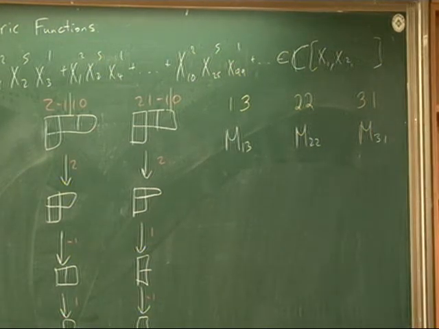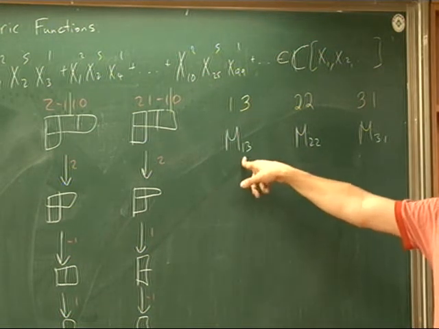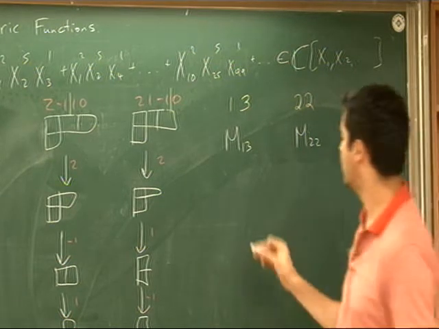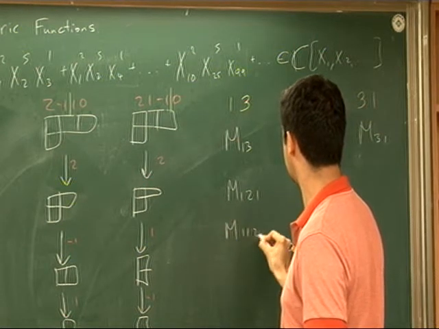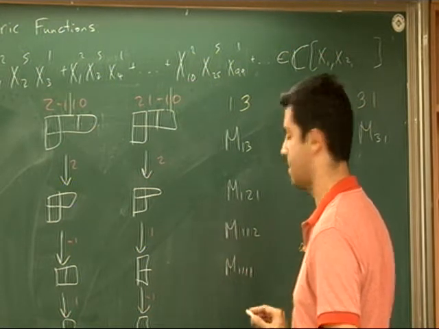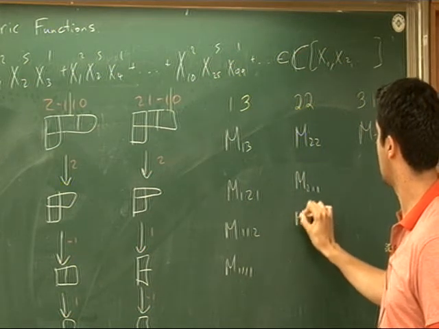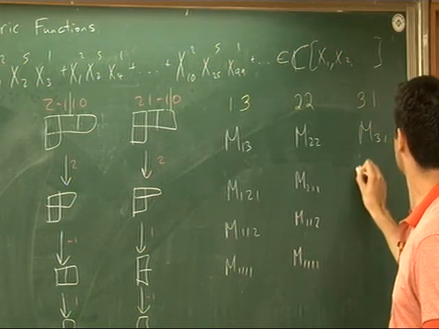So I add these ones, and then I add everything that refines this. So I take each piece and I am allowed to break it. So I also add M121, M112, and M111. And here I'm allowed to add M211, M112, M1111.